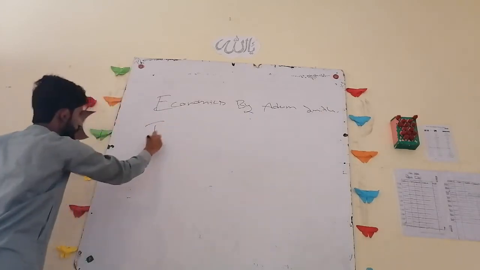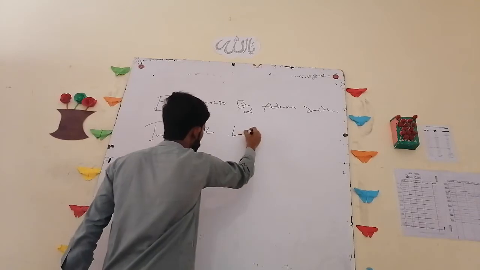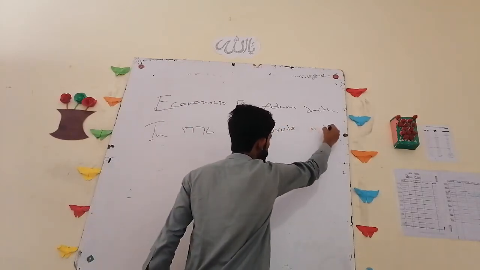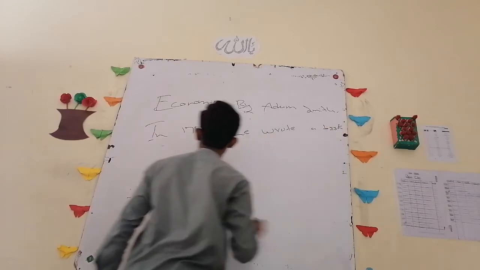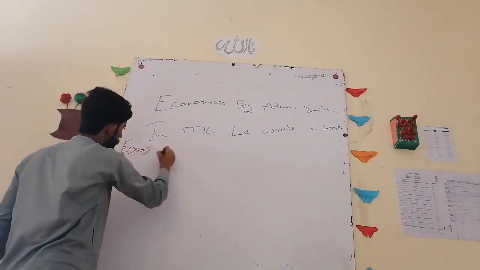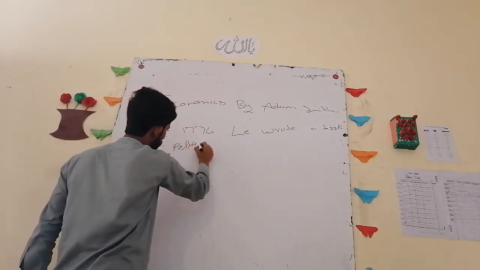In 1776, he wrote a book, an essay, on the political economic science.